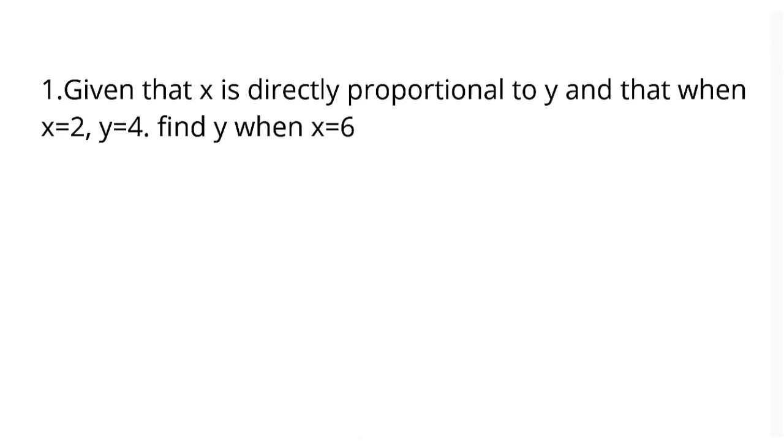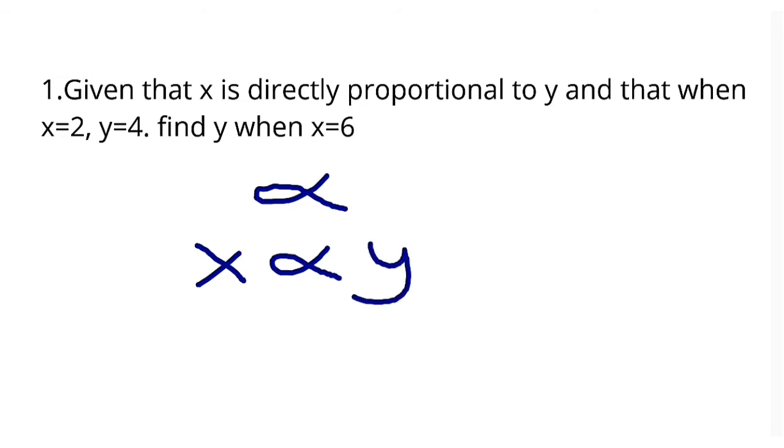The symbol used for proportion, whether direct or inverse, is this one here. So this one is used to indicate proportion. The question is saying that x is directly proportional to y, so you write that as x is directly proportional to y.